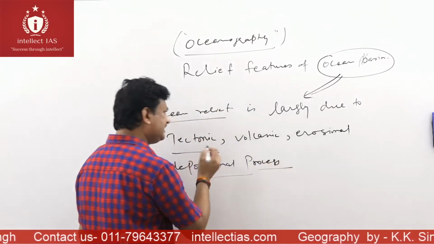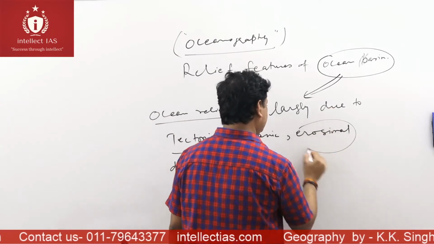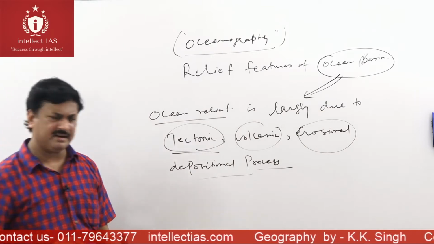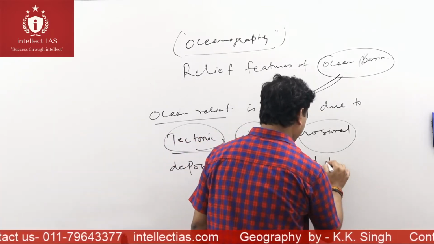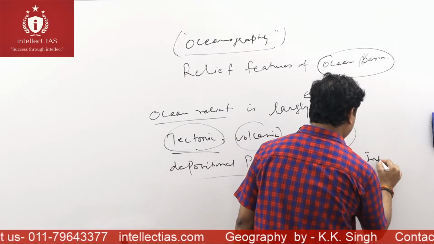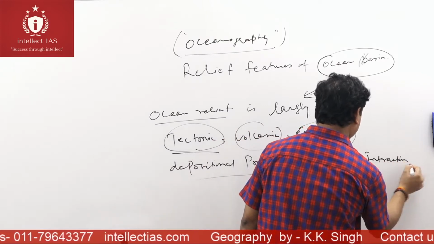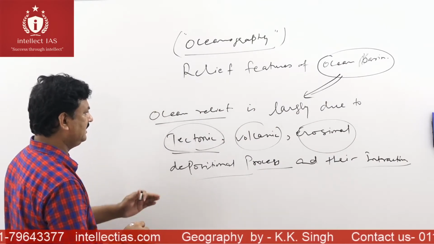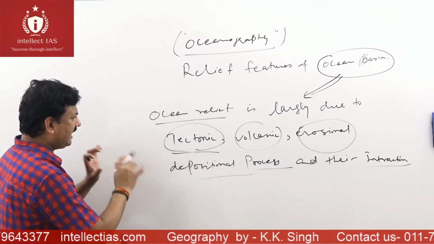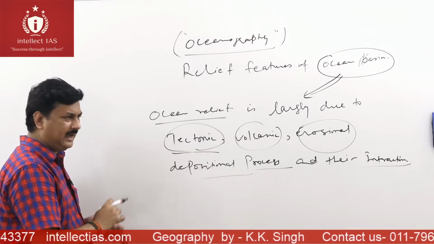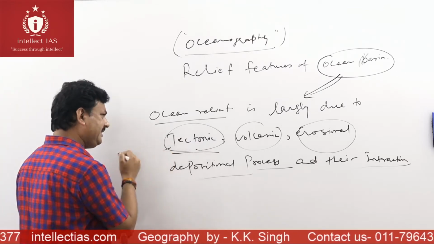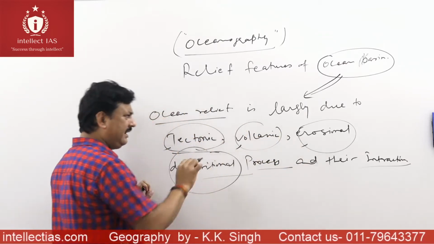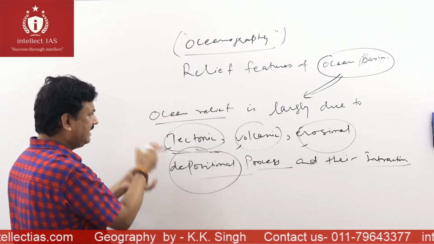So these are the processes involved in the different types of relief, and their interactions also. So the ocean floor has a large number of reliefs, and these reliefs are the product of tectonic activity, volcanic activity, erosional activity, depositional activities, and apart from that, the interaction of all these activities.